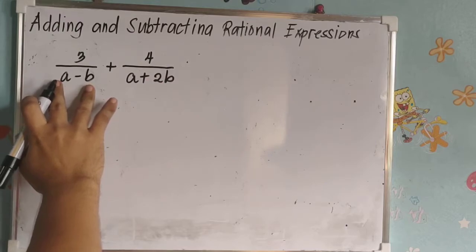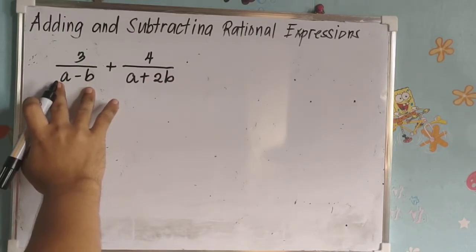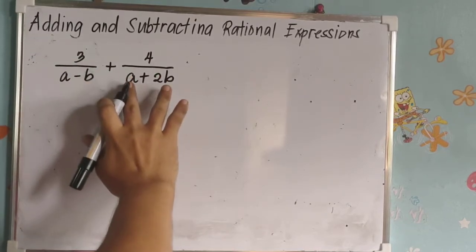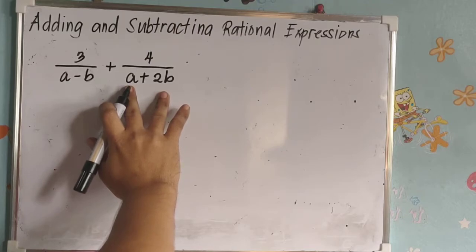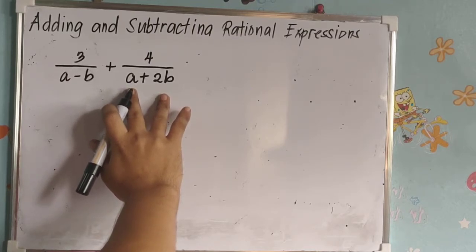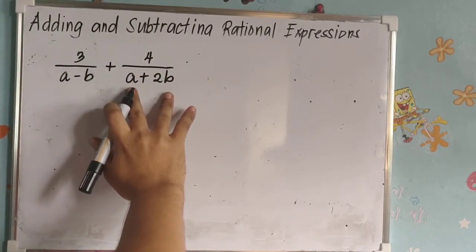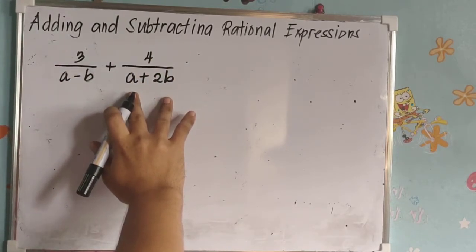So in here we have a minus b. There is no common factor here, or this is no longer factorable. That means this is already a prime polynomial. And we have a plus 2b. There is no common factor between a and 2b. So this is another prime polynomial.